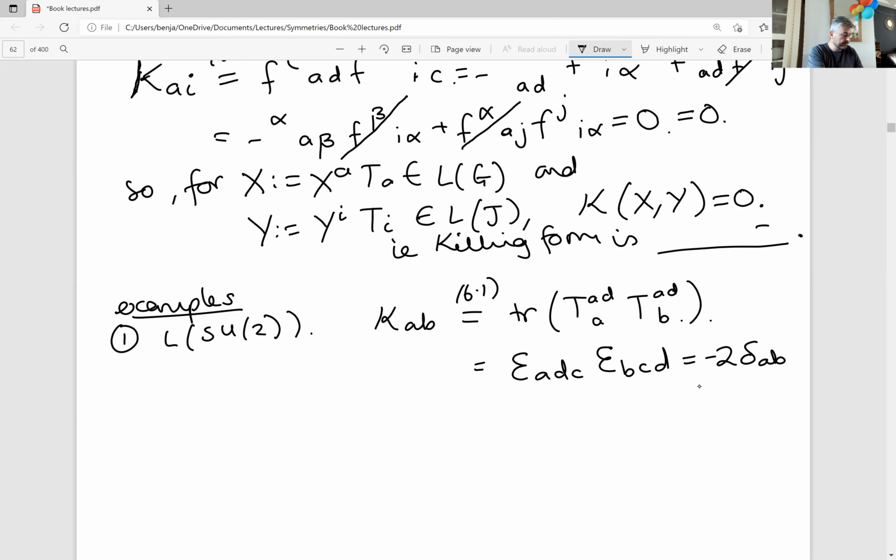So no matter which two vectors X_A and Y_B we multiply this by, as long as they're non-zero, we're guaranteed to get a non-zero answer. So this is non-degenerate.